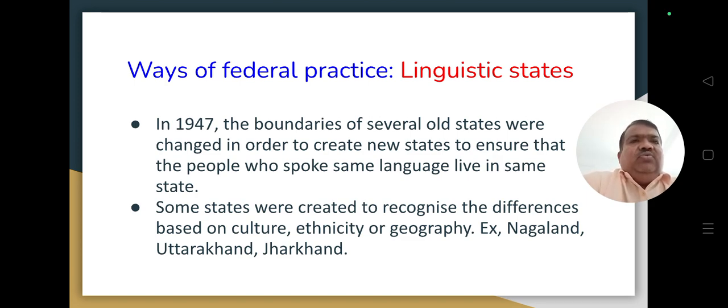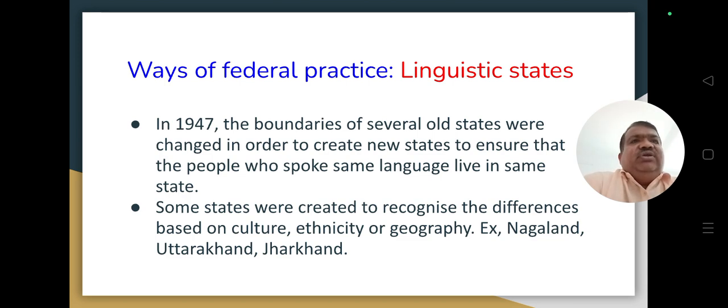So now we find the linguistic states, and these linguistic states were possible with detailed discussion and deliberations. In that, the process started on what basis the states have to be formed.